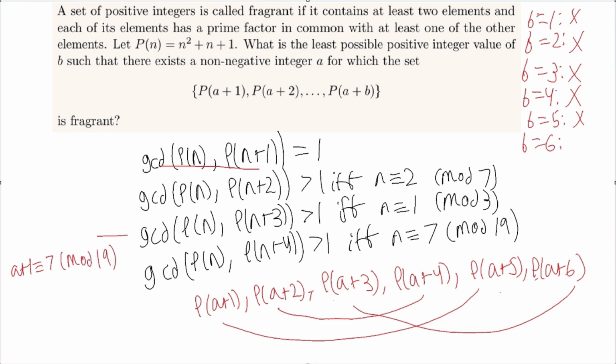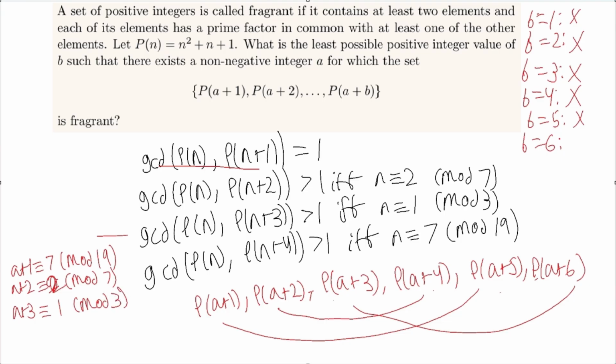And then we get also, because P of A plus 2 and A plus 4 are paired together, A plus 2 is equivalent to 0 mod 7, or 2 mod 7. And finally, because P of A plus 3 and P of A plus 6 are paired together, we have A plus 3 is equivalent to 1 mod 3.